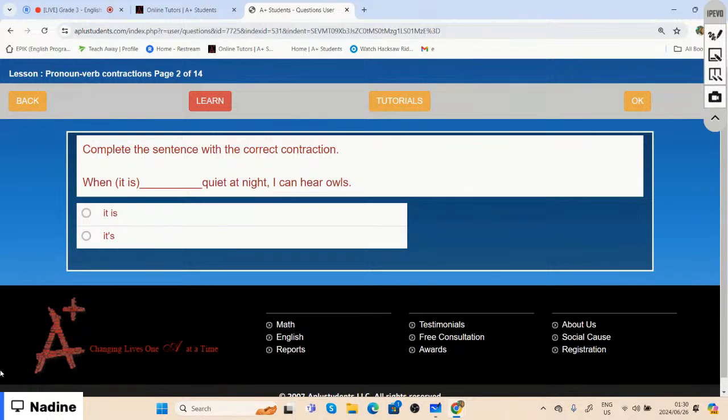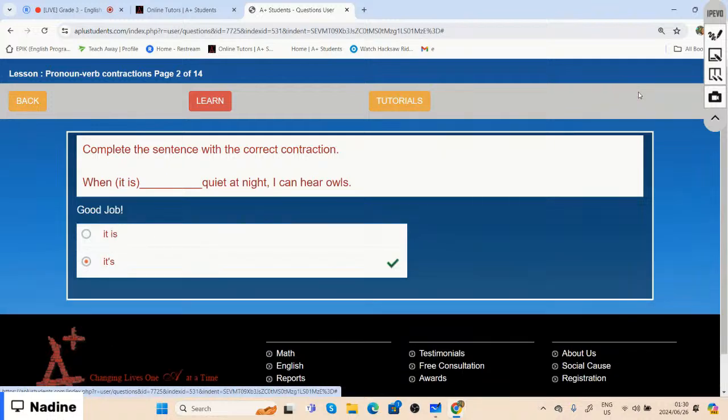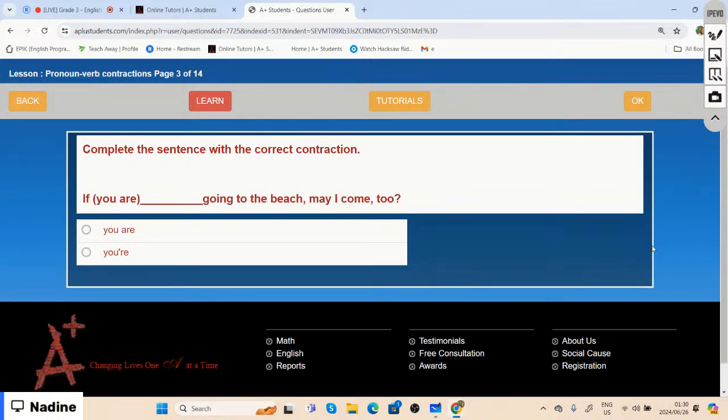All right, if we were to choose the correct contraction, then yes, we would choose option two, which is it's. And it's is correct. Well done. All right, we need to complete the sentence with the correct contraction. It says, if you are going to the beach, may I come too?